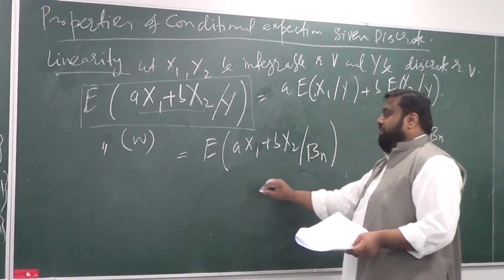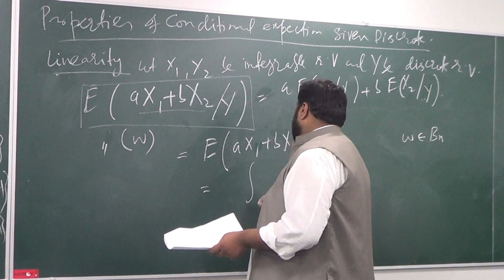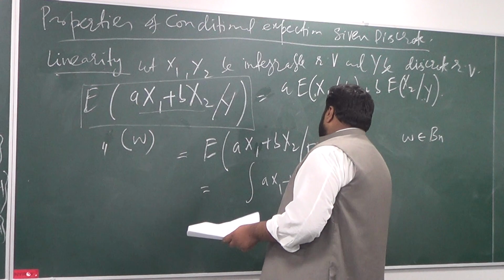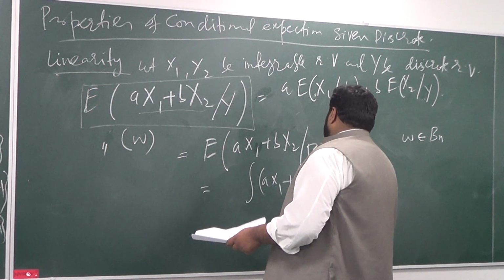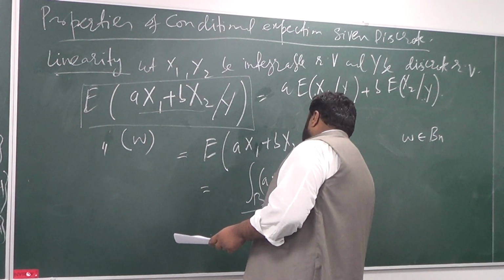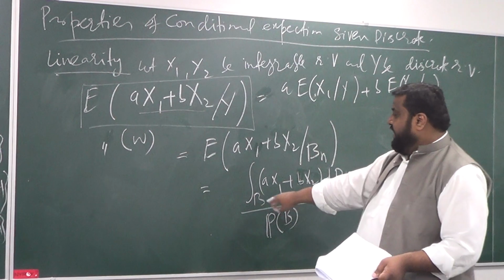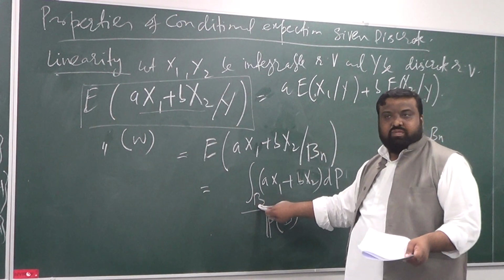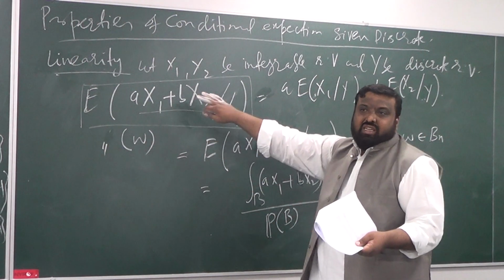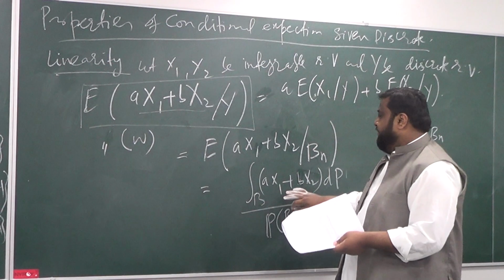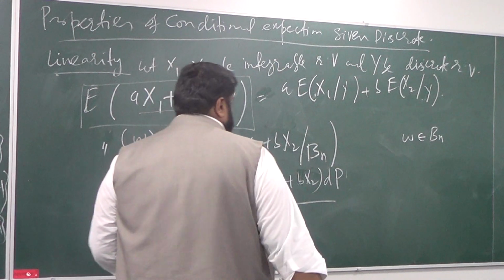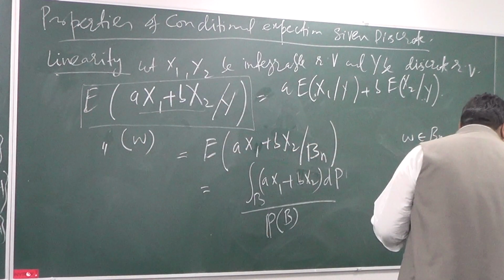Because this is the integral of ax1 plus bx2 with respect to dP over Bn, everything divided by the probability of Bn. So it's a linear thing, since I know that the integral is linear. In other words, the conditional expectation in this sense is inheriting the linearity from the linearity of the integral. Okay? So this is one property.